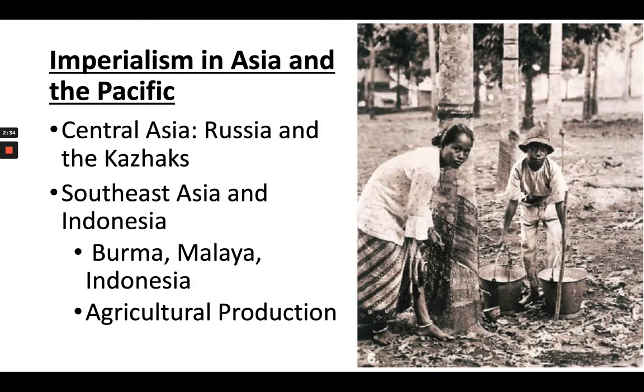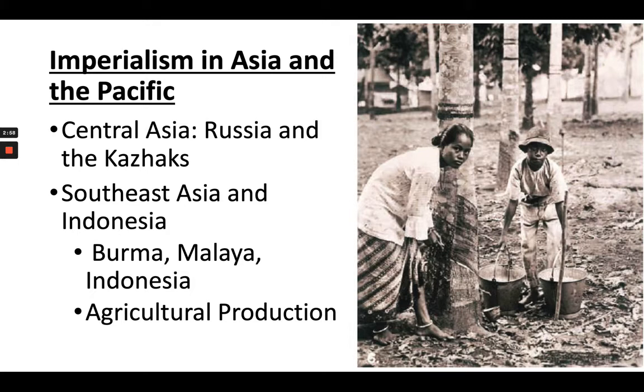Part of Russian rule in Central Asia included the abolition of slavery, the building of some railroads, and increased production of cotton. But the Russians did not try to change the customs, language, or religious beliefs of these new peoples that they conquered in Central Asia.